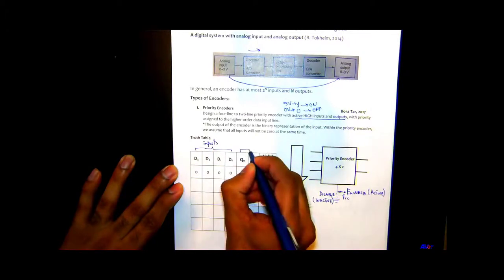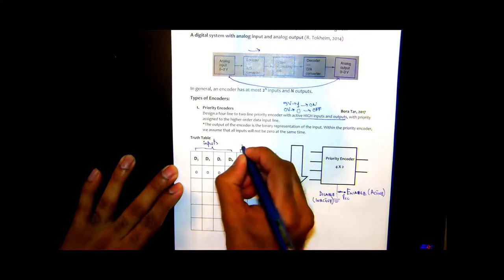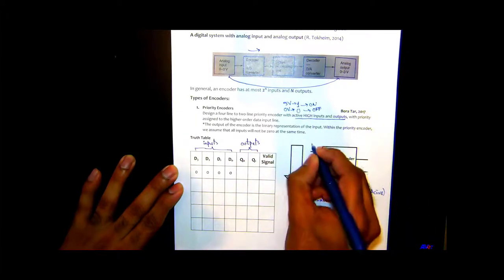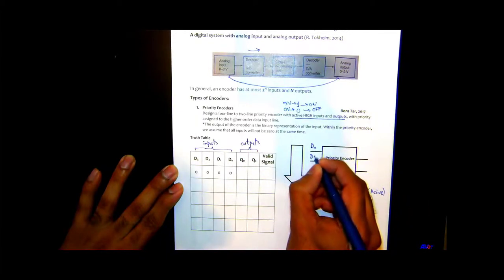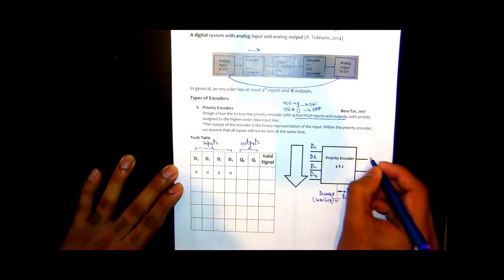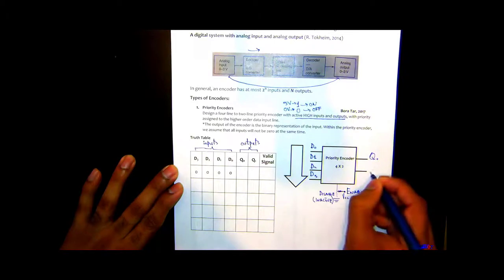And Q0 and Q1 are the outputs. You can label them over here also, D0, D1, D2, D3, and then you have Q0 and Q1.